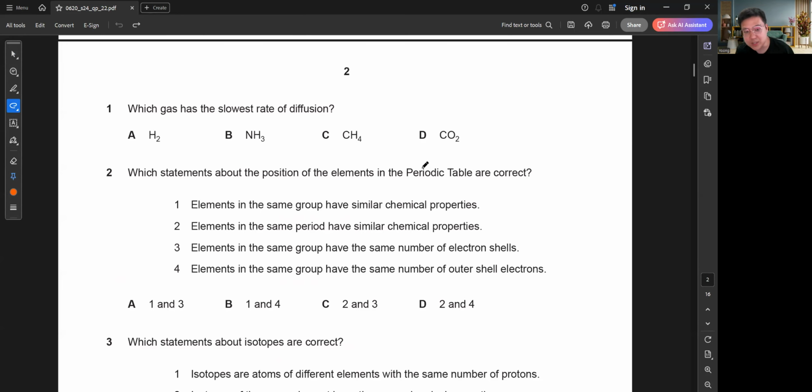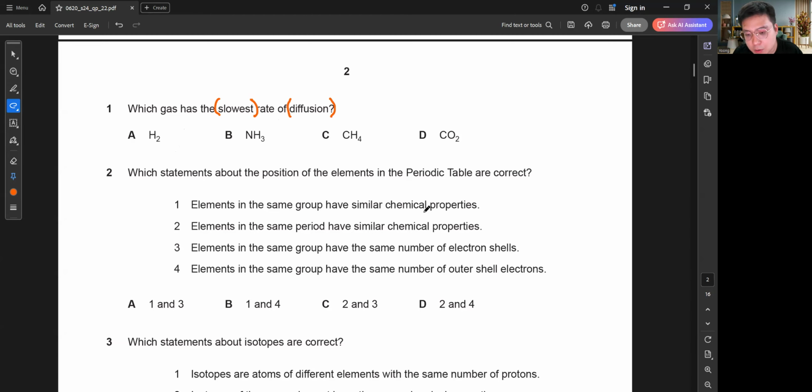Normally when we see this word diffusion, and we compare whether they are faster or slower, we look at the mass, either the atomic mass. So if we look at the periodic table, let me just open one of the periodic tables.